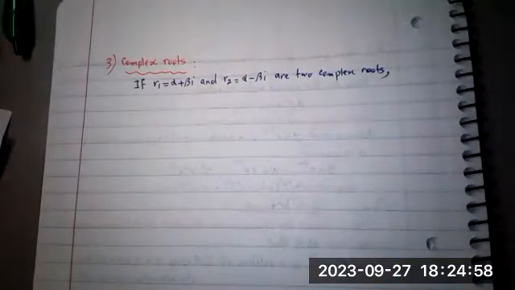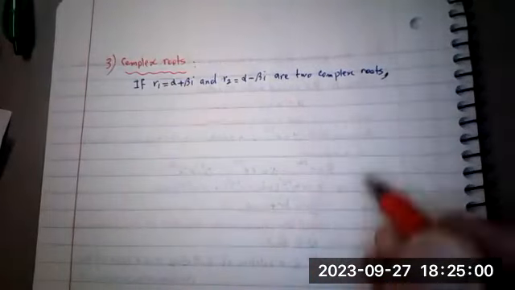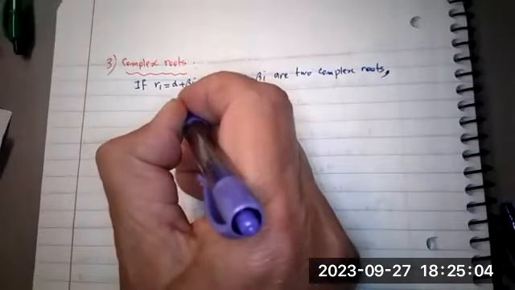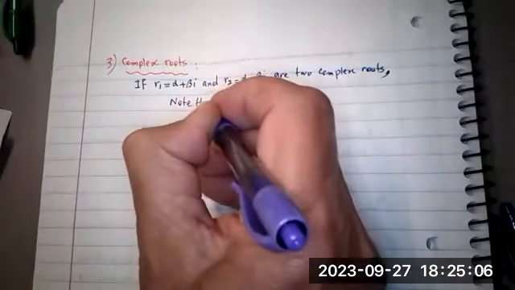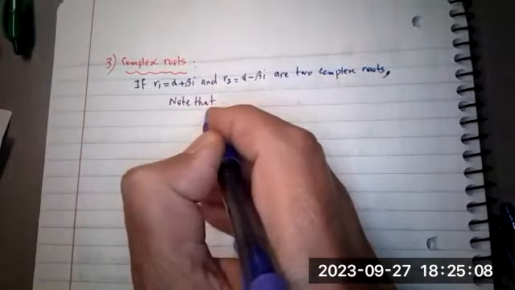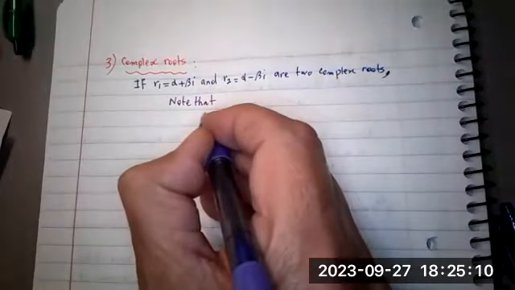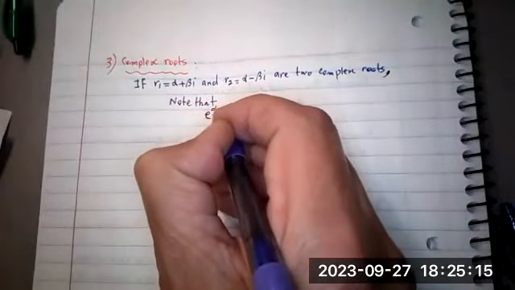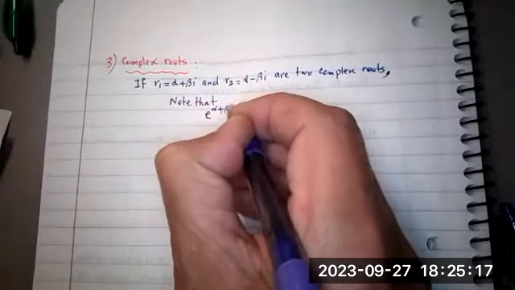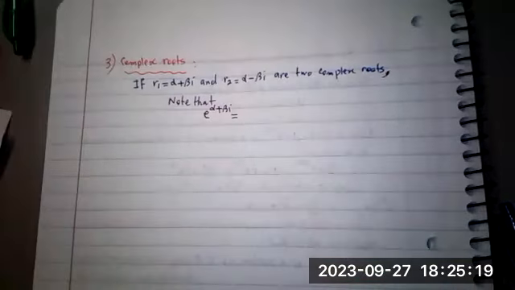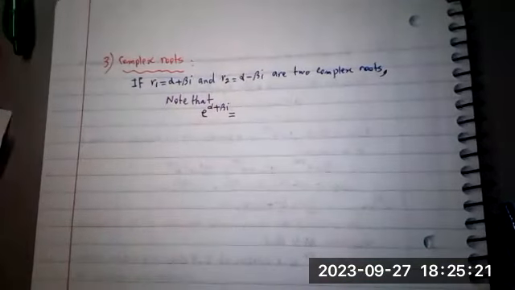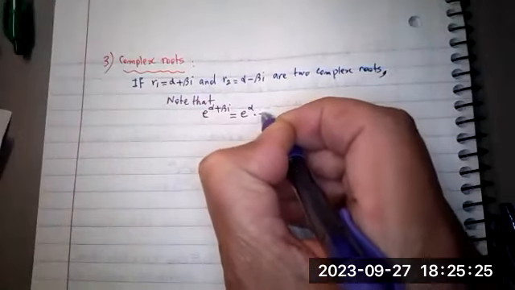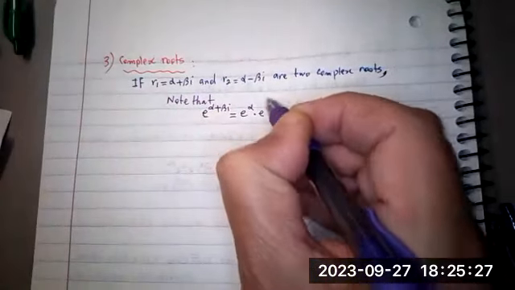Now you can use a little bit of Euler form. Just to remind you, this is the Euler form, because you can do e to the rx again. If you have e to the alpha plus beta i, the way we write this one is we break it into e to the alpha times e to the beta i.